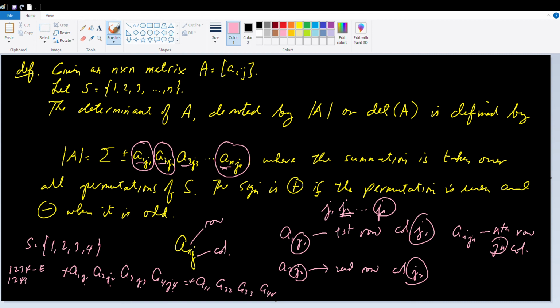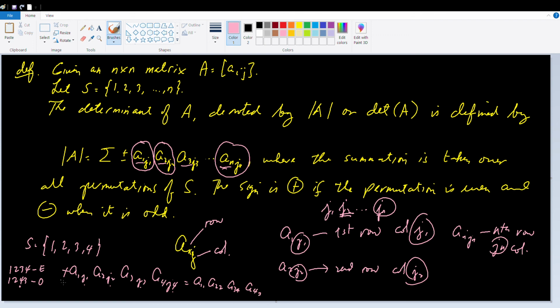Okay? If you are using the permutation 1, 2, 4, 3, how many inversions are there? There is only one, and so that is an odd permutation. So A1J1, A2J2, A3J3, and A4J4 will become, let us replace this, A11, A22, A34, and A43.